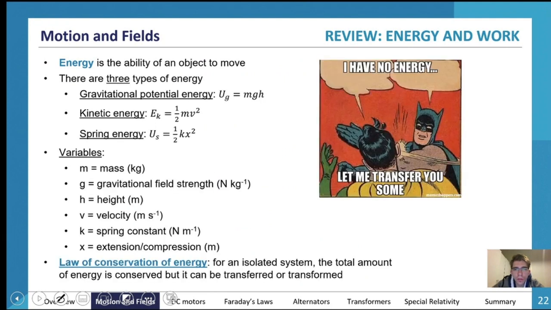Now let's go on to the topic of energy. Energy is the ability of an object to move. There are three types of energy: gravitational potential energy, kinetic energy, and spring energy.